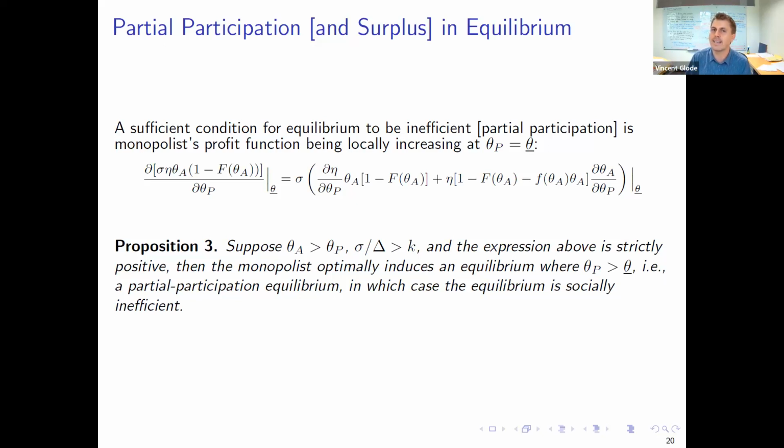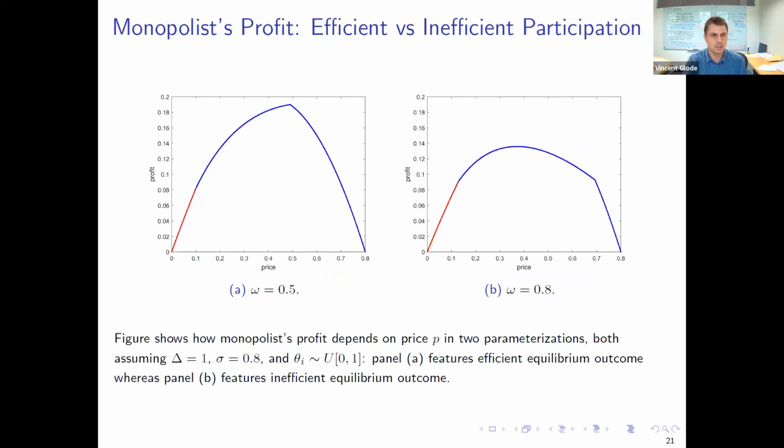It leads to exit and the destruction of the participation surplus, right? So here I'm showing you the same profit function I showed you earlier, where the monopolist stops here and is satisfied with selling just enough trading advantages that we have full participation. This is a second case. This is where full participation stops being possible, but you can see that the monopolist finds it optimal to lower the price, sell more trading advantages, but this leads to non-participation.